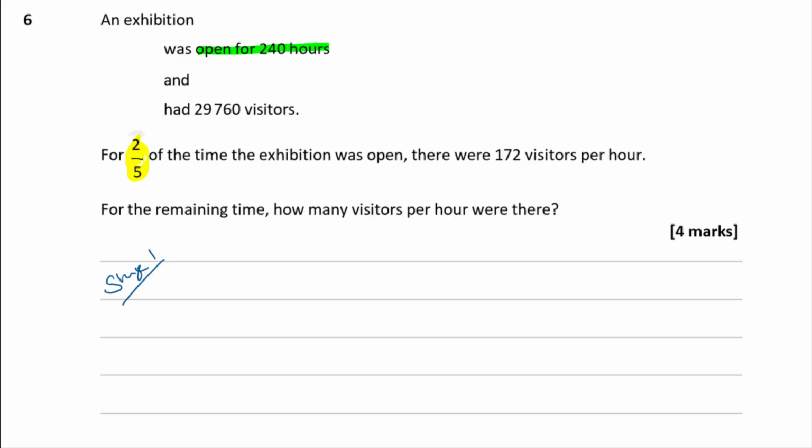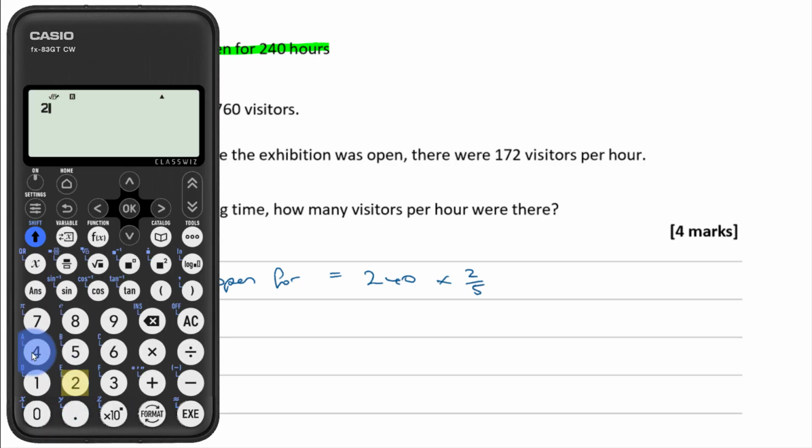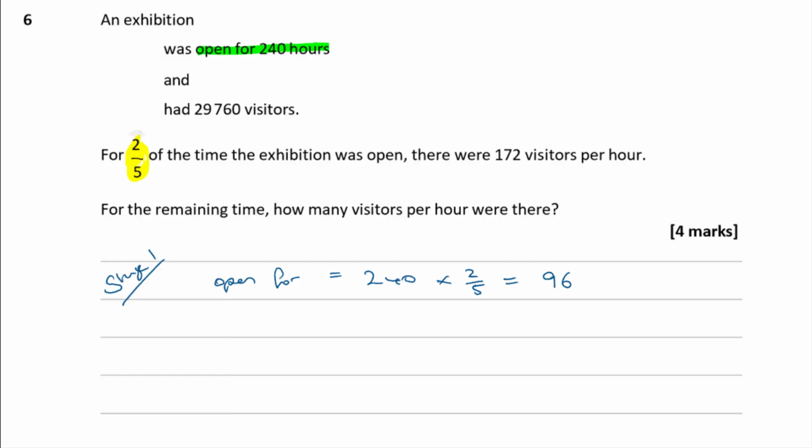So for stage 1, it was open for how long? It was going to be the 240 hours in total times the 2/5, which is the fraction of the total time it was open for. So on my calculator, 240 times 2/5 comes out to be 96. So this first visitor rate applied for the first 96 hours.